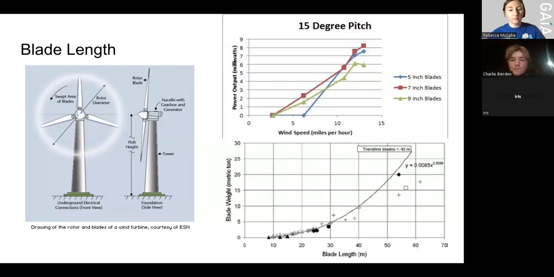However, as the weight goes up, the price goes up, and as the blade length goes up, the weight exponentially goes up because you need more structure. The bending moment is larger, obviously more material, and so that's another optimization or trade-off: how much power do you want to generate versus how much you're going to spend on the blade to reinforce it.